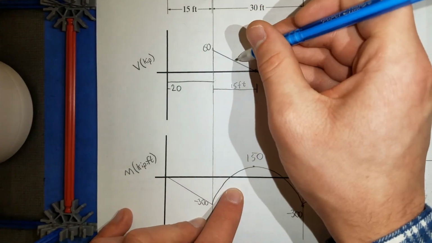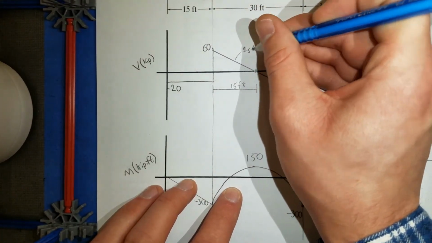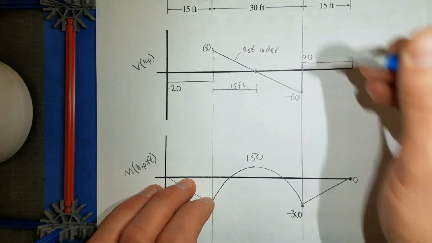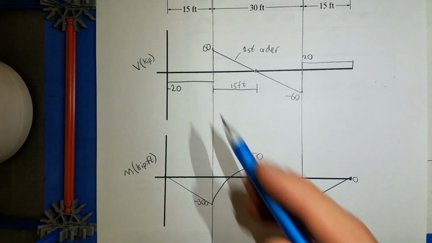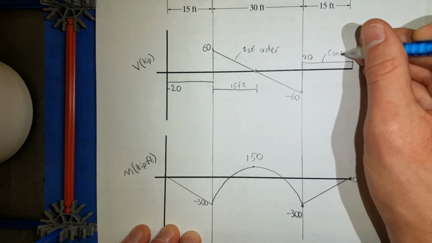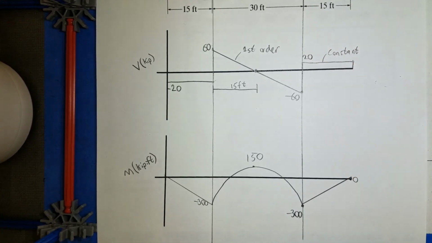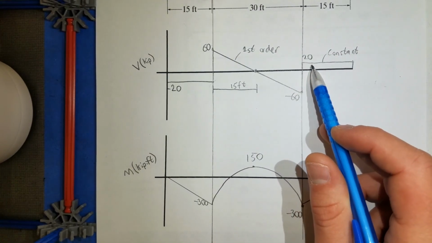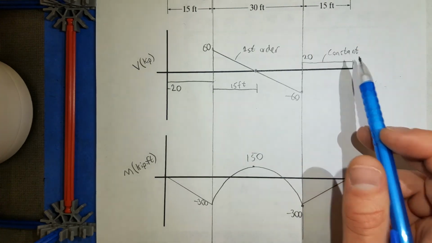So you're going to want to draw a little label here that says first order. And then off to here, hopefully you could write in that these are constant. That's not entirely necessary, since you should be able to see that it's constant, but if you want to be safe, you can always label your straight lines as constant.